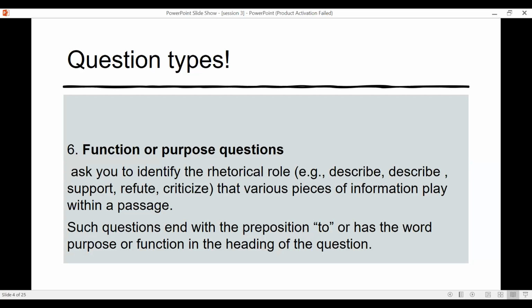What is its rhetorical effect on the passage? Whether it's used to describe something, to discuss something, to support something, to refute something, to criticize something. So based on the context, you will get to know. At the end of the day, you need to know the function or the purpose of a certain piece of information assigned in a question heading, and this question heading is likely to end with the preposition to. And by the way, each answer choice will start with an infinitive, I mean the verb in the base form.